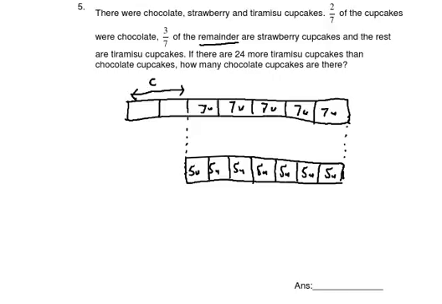Okay? So, since I know each of this is 7 units, I know that this is 7 units. This is 7 units as well, right? Correct? So, the total number of cupcakes, okay, is how many units, Jack?